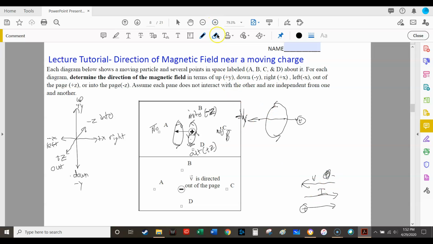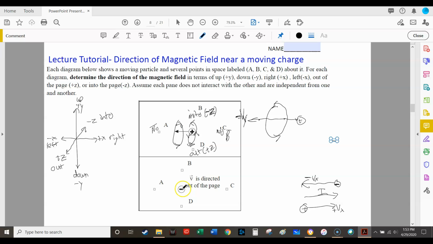I'm going to erase this, try to draw this a little bit better. So if you have a negative particle that is moving to the left, then the positive particle is going to be moving to the right. And the current is also going to be pointed to the right. So in this next example, just be aware that this negative particle is directed out of the page.